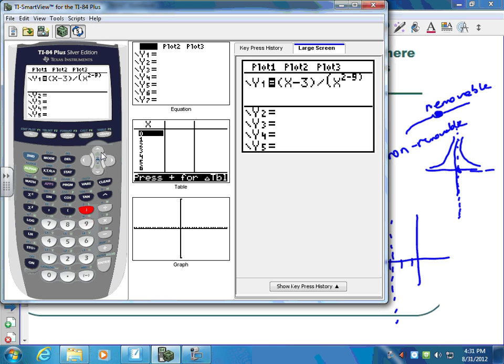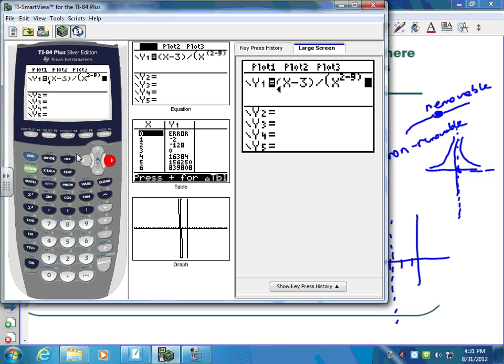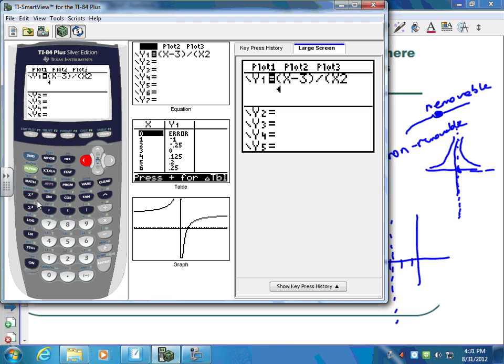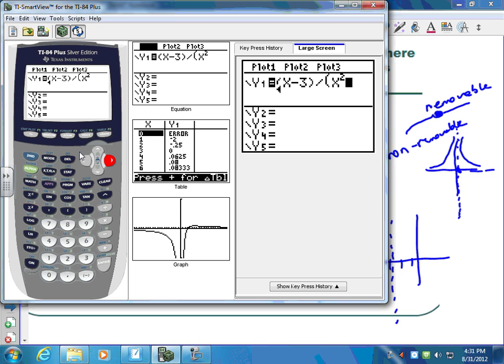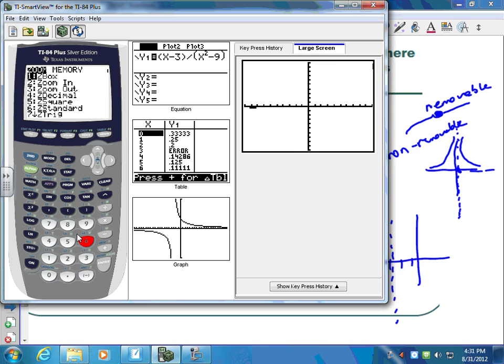I forgot they had the new operating system on this calculator. Let's see. Okay, so I want to erase everything after x squared. And then I want to use the right arrow key to come down. Okay, x squared minus 9, and then close the parenthesis. And I'm going to go to zoom 6 to see it from a standard zoom rectangle.